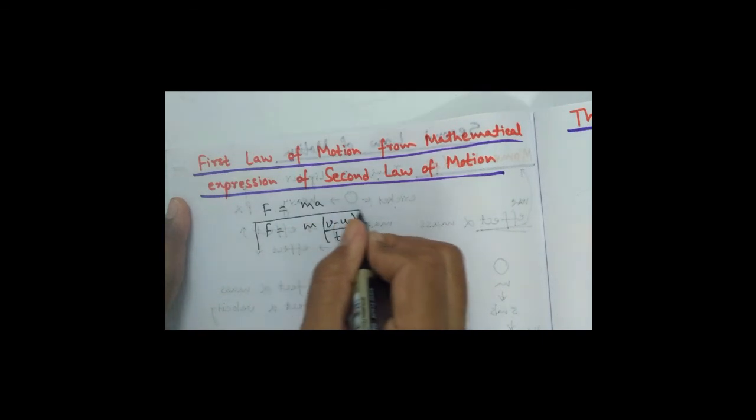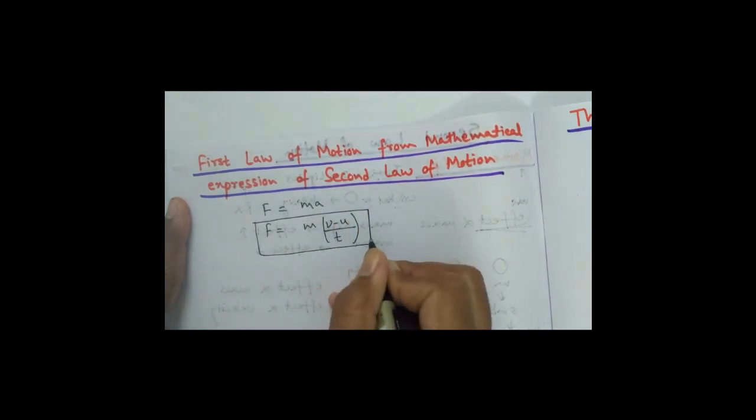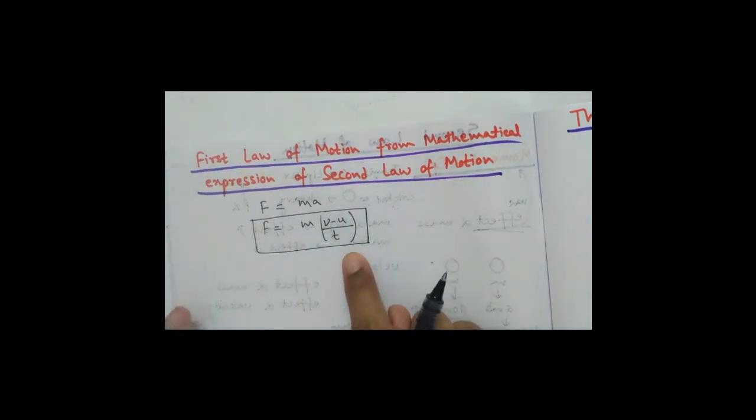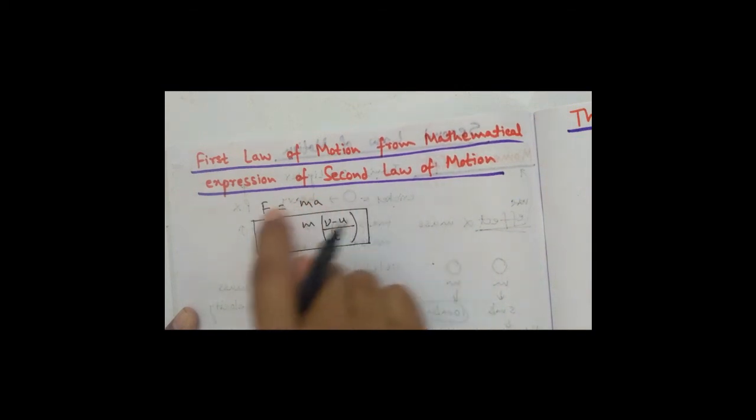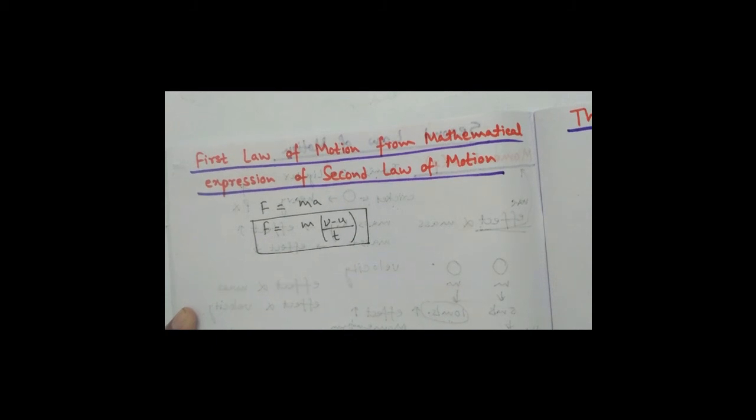This was our mathematical expression of the second law of motion. Now, how do we understand the first law of motion with this expression? This is what we have to find out.